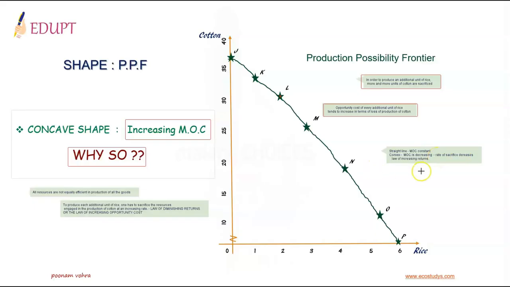That is, in order to produce more and more units of rice, less and less units of cotton are sacrificed, or the rate of sacrifice decreases. This is because of the application of the law of increasing returns.